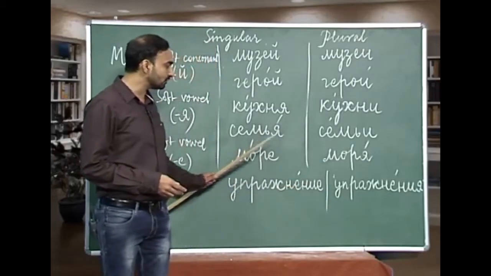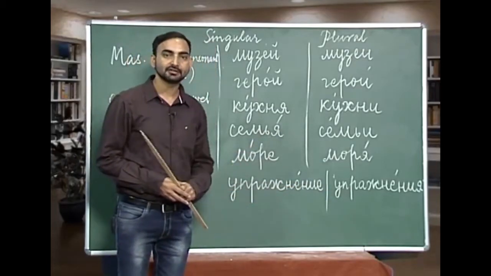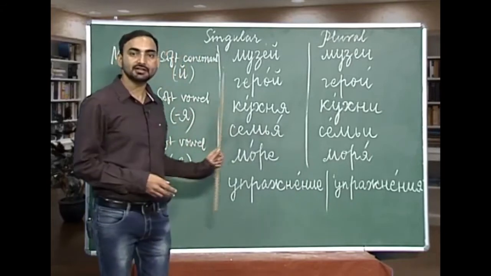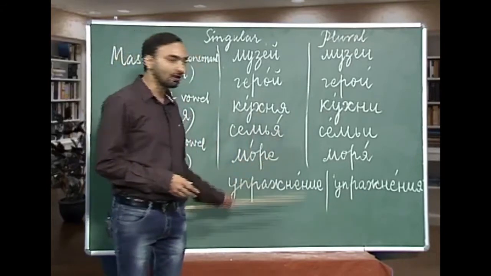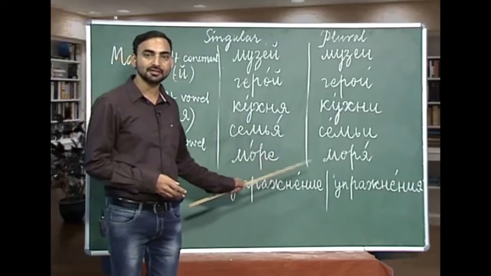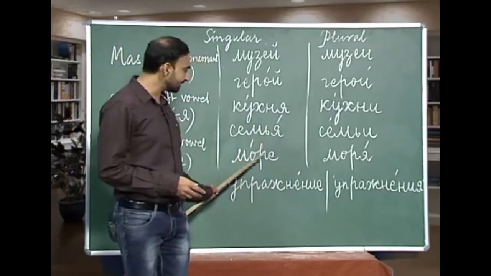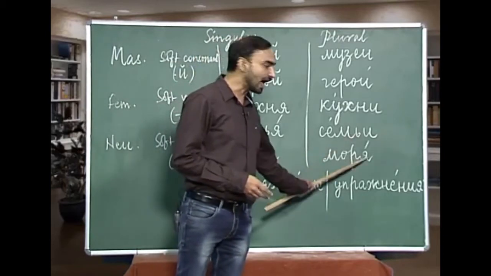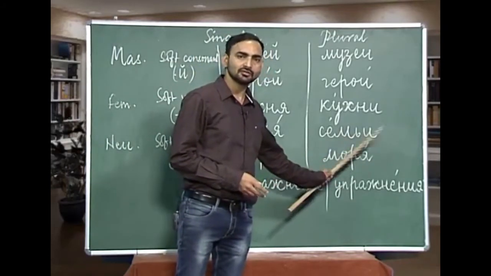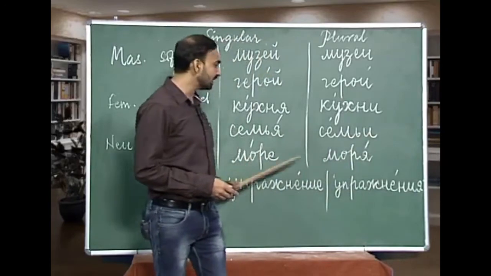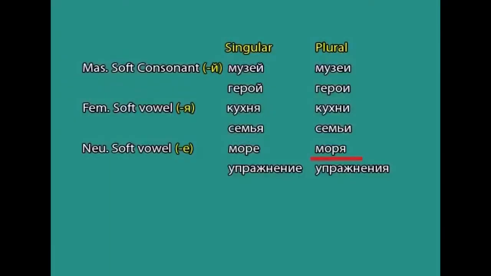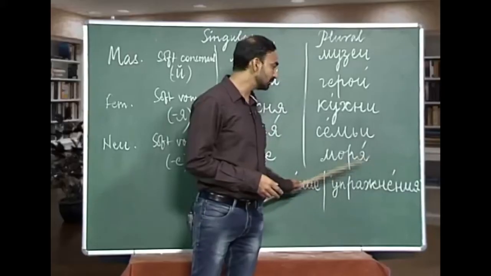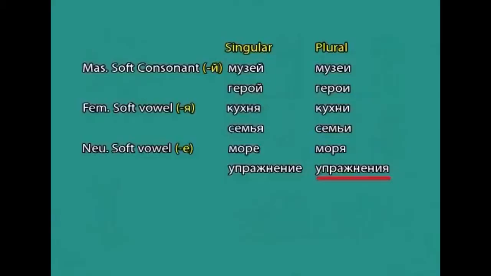So, more and uprazhneniye are soft ending neuter gender nouns. How do we form plurals of these? We replace ye, the soft vowel, with ya, again a soft vowel. So, plural of more is morya, seas. And uprazhneniye, plural uprazhneniya, exercises.